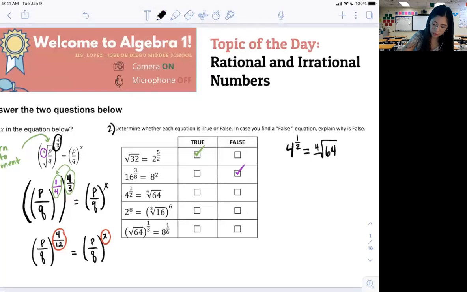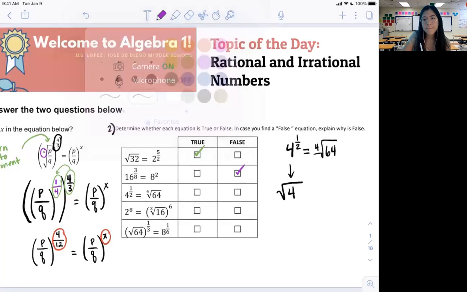That sounds good. If you turn it into an exponent, it won't be quite the same, because 64 to the power of 1/4, right? So, all right, 4 to the power of 1/2 is the same as what number goes outside? 2 goes outside.